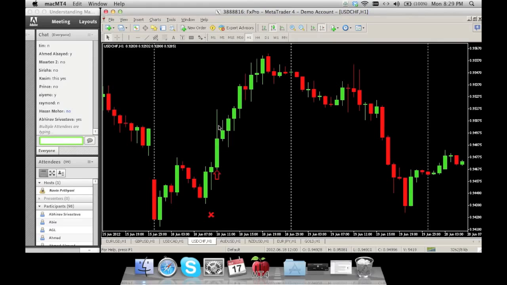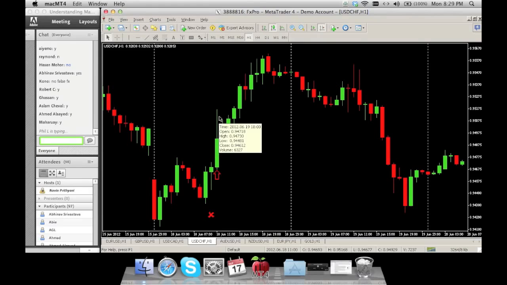Let's say this particular candle closed, and we are here. We had a high, a low, higher low, higher low. We had a high, higher high, and a higher high. We can clearly see the market is in an uptrend. So we have a trend.